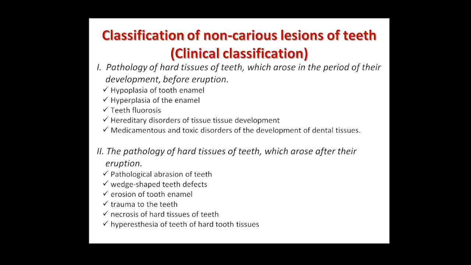This group includes such diseases like hyperplasia of tooth enamel, teeth fluorosis, hereditary disorders of tissue development, medicamentous and toxic disorders of development of dental tissue, and the second group of pathology, which appears after eruption.